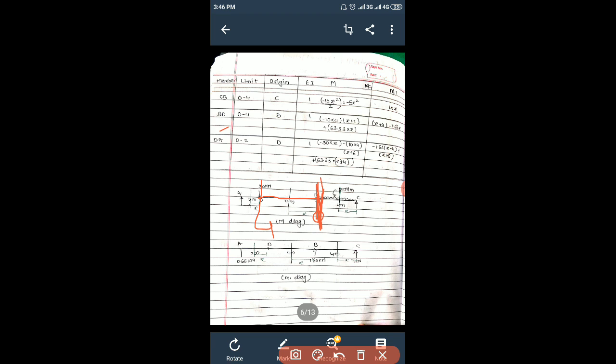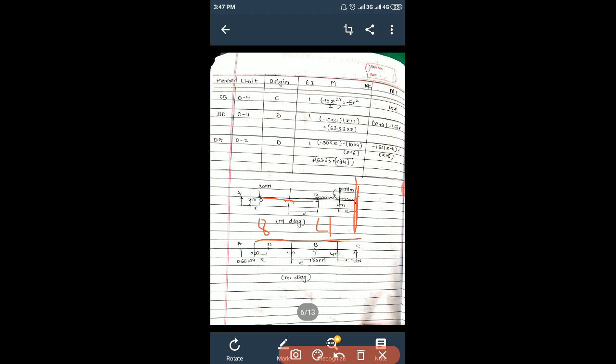Now again I will explain. If we consider C as the origin for the BD part, then we take the limit starting at 4 and ending at 8, so the limit will be 4 to 8. Understood? Whatever distances you consider for the limit value and whatever origins you consider, keep a fine calculation at that point.